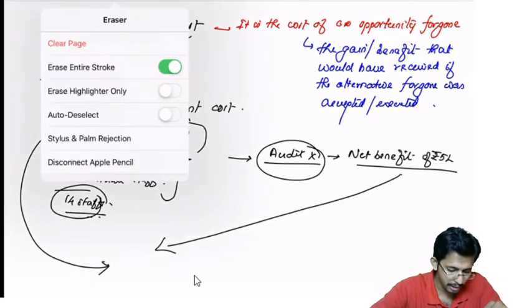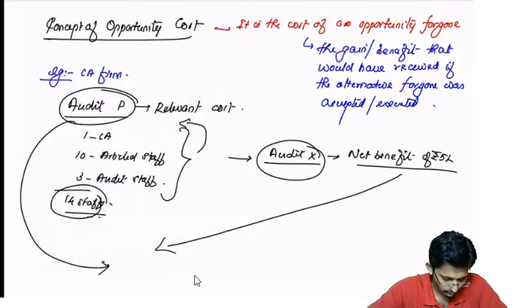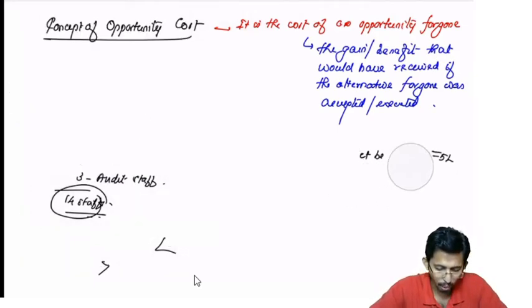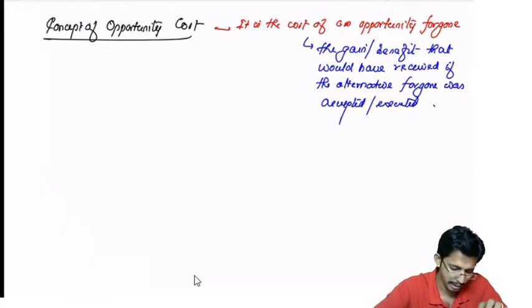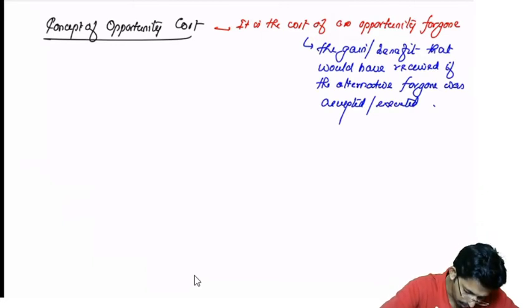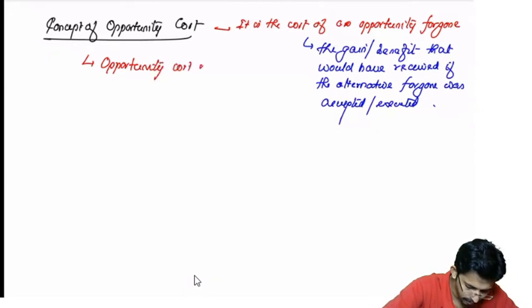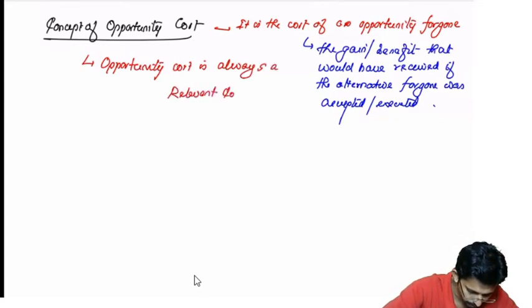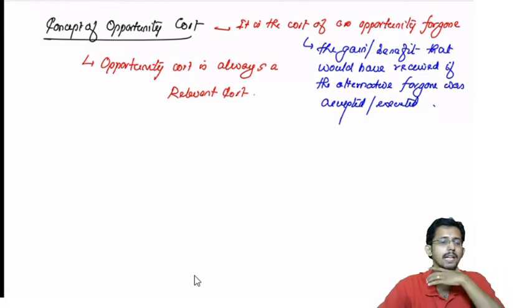So opportunity cost is the cost of opportunity foregone. Is it clear? And opportunity cost is always a relevant cost. In the previous example, what is your opportunity cost? It's 5 lakhs.